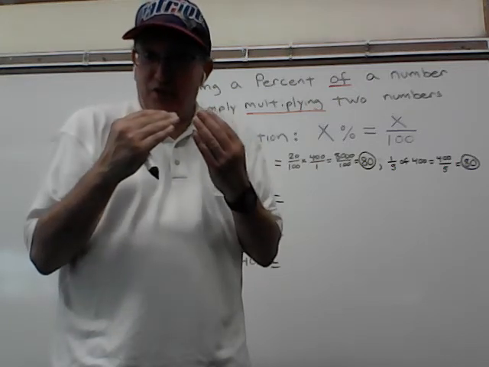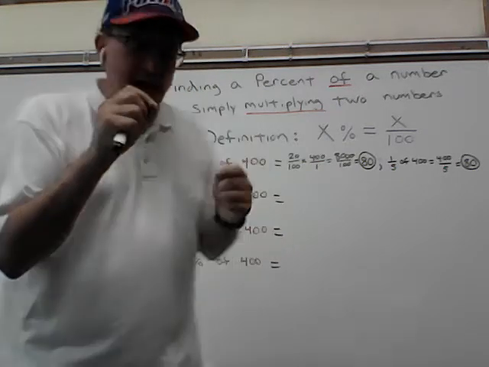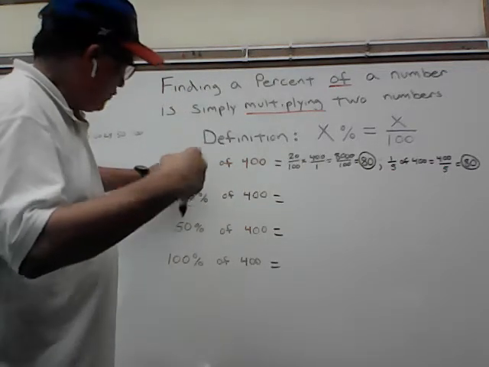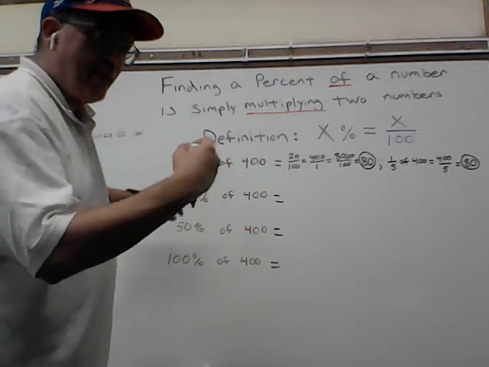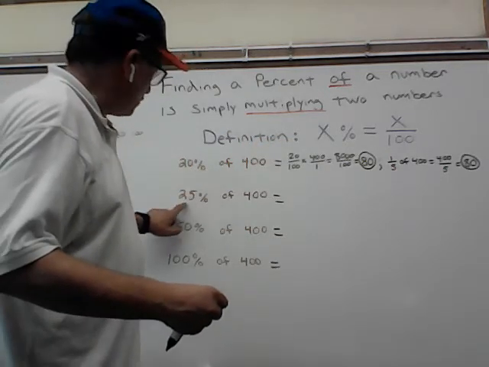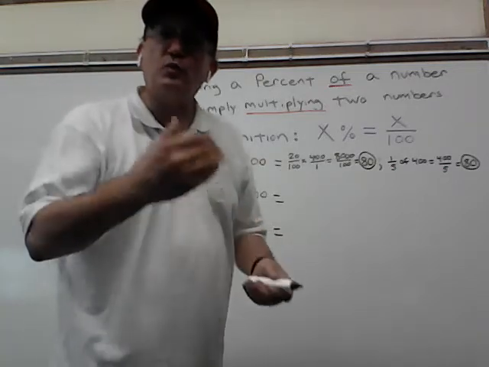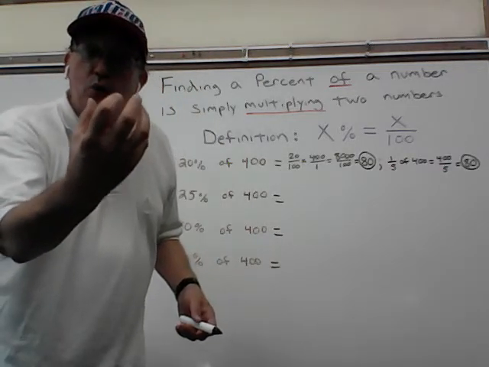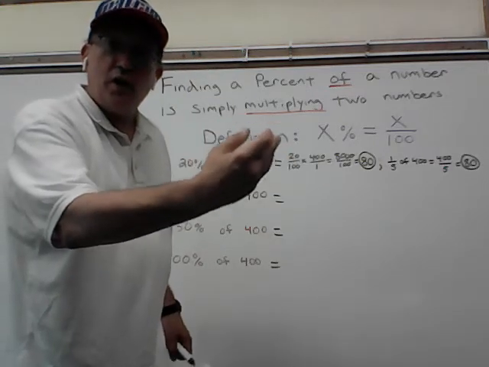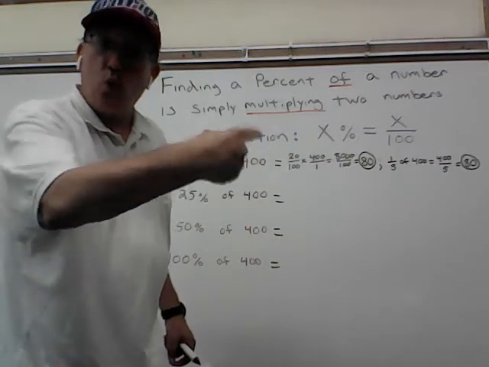That's what I've been doing in this video. I've been taking percents where the percent, the 20 in front of the percent sign, the 25, are factors of 100, which means that when you make a fraction out of these, it's going to reduce to a fraction with 1 in the numerator.